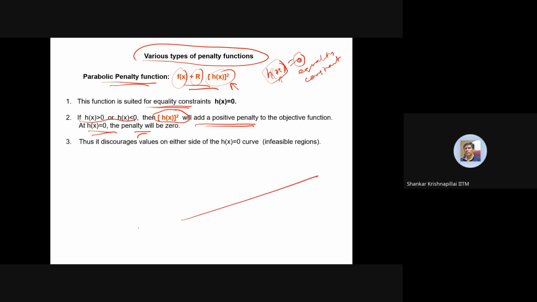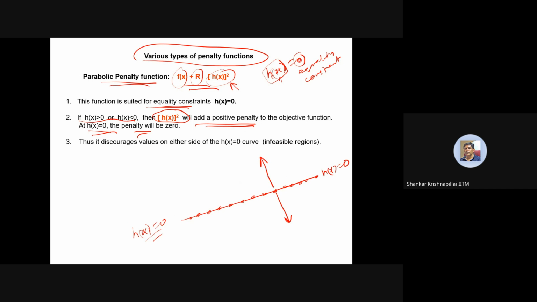So this is the line h of x equal to 0. All xy points on this line will satisfy h of xy equal to 0.